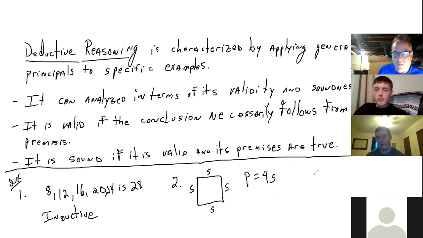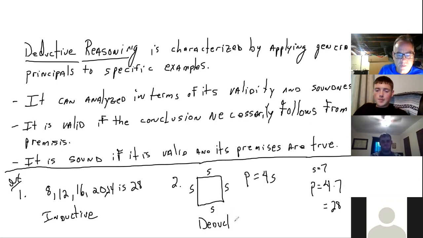And then it moves to a specific example: if you had a side length of 7, then your perimeter would be 4 times 7, or 28. And I think it uses inches as the units. But the reasoning is deductive. Any questions on those 2?